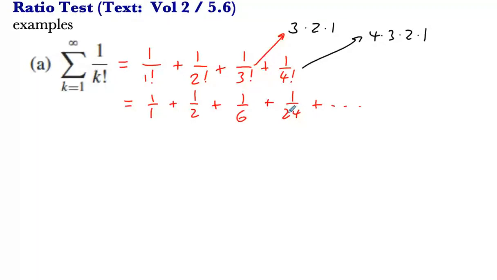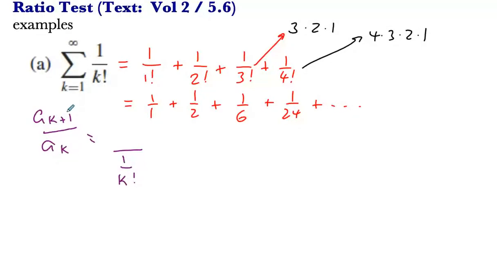Now it may not be clear whether this thing is going to add up to some value and converge, or whether it's going to go off and diverge to infinity. So here's what we do to work the ratio test. We take 1 over k factorial, and we're supposed to look at the ratio of the k plus 1 term divided by the k term. Well, the k term we've got. That's 1 over k factorial.